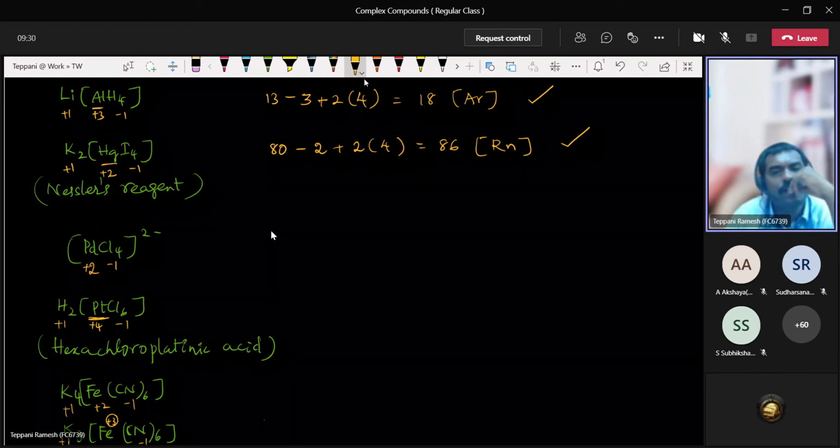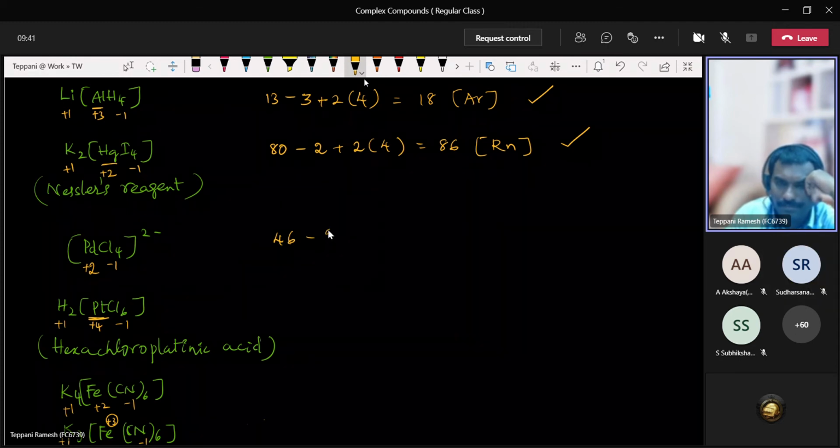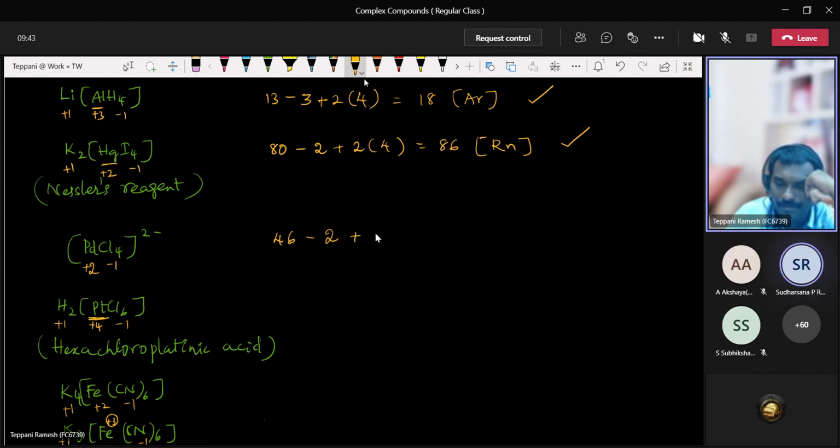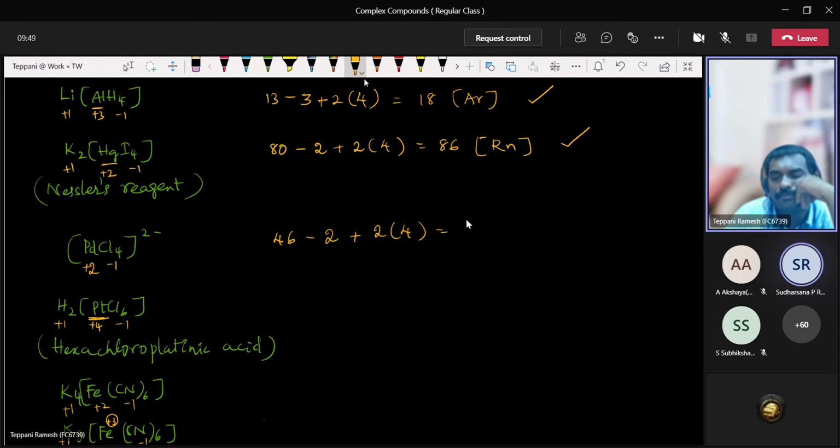Next is palladium, 46. 46 minus 2 plus 2 into 4 gives 52.